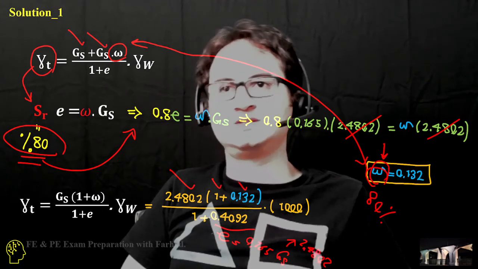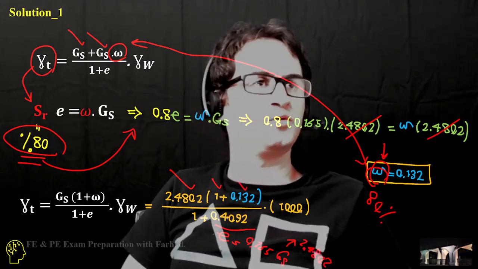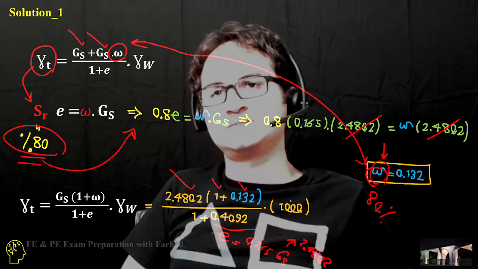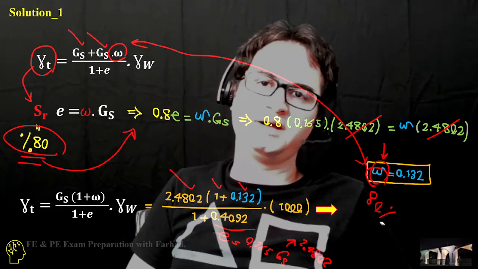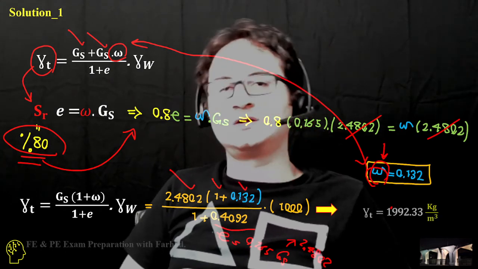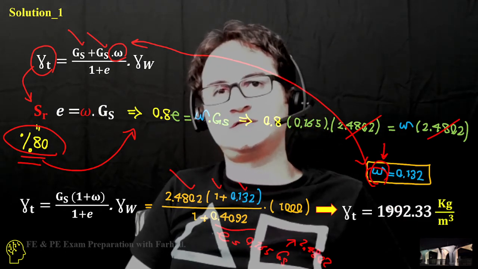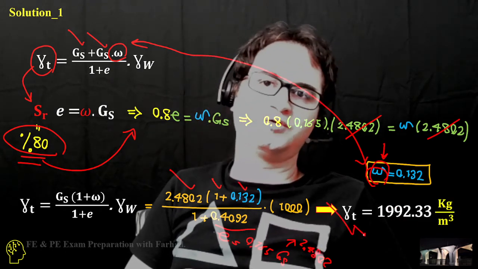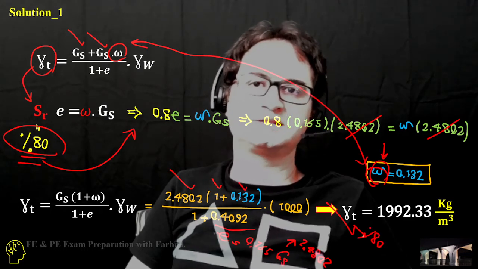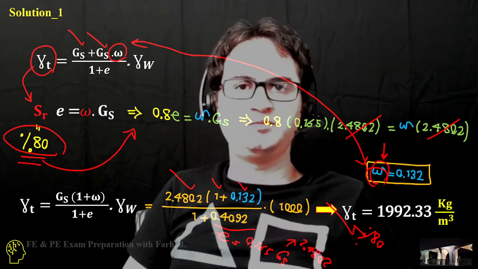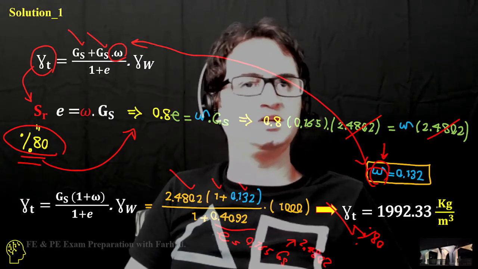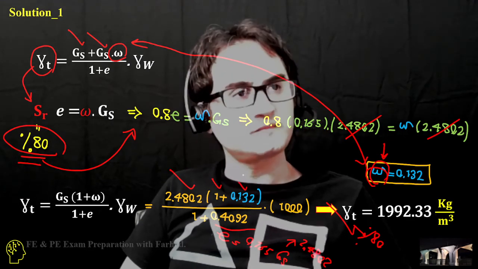If you do the math, it gives you 0.4-something times gamma W, and that simply gives you gamma total, for 80 percent saturation, of 1992.33 kg per meter cubed.